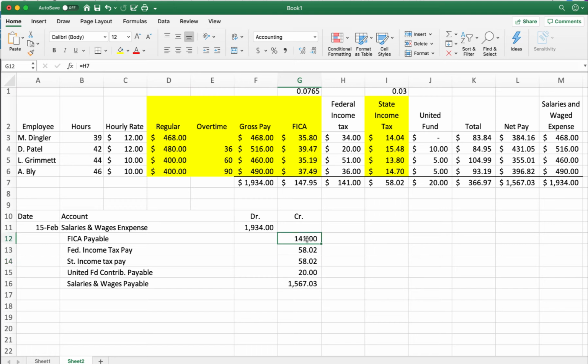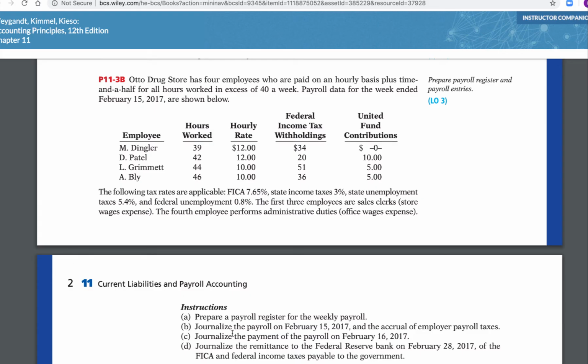Oh, that's the problem. Picked the wrong number. FICA, my federal income tax. There we go. Okay, so now if I add all these up, I get $1,934, which is equal to the salaries and wages expense. Okay, so that is journal entry B.